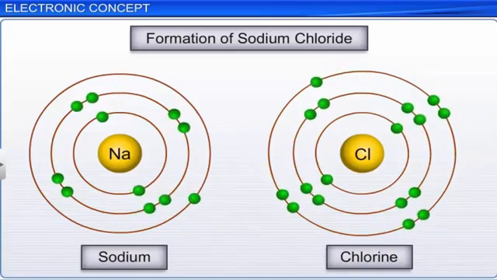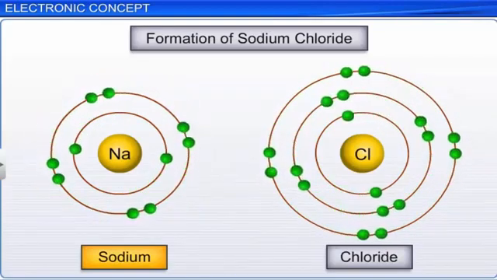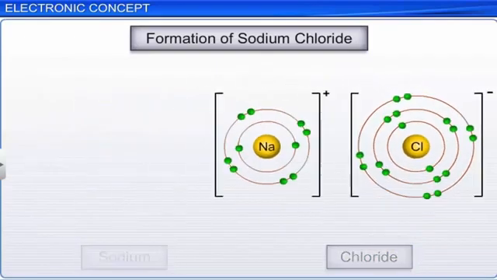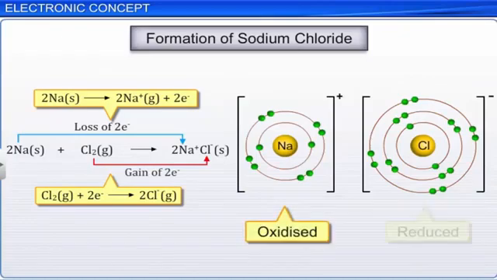In this reaction, sodium loses an electron and forms Na+ ion, while chlorine gains an electron and forms Cl− ion. Hence, according to the electronic concept, sodium is said to be oxidized, whereas chlorine is said to be reduced.